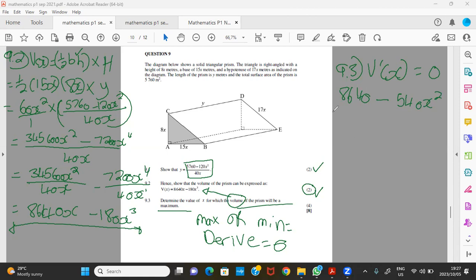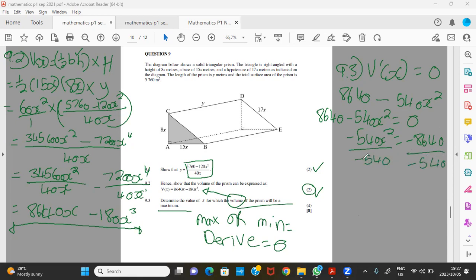So I'm just going to have 8,640 minus 540 x squared equals 0. Then it's just a matter of me solving for x. So minus 540 x squared equals minus 8,640. Then I divide both sides by minus 540.